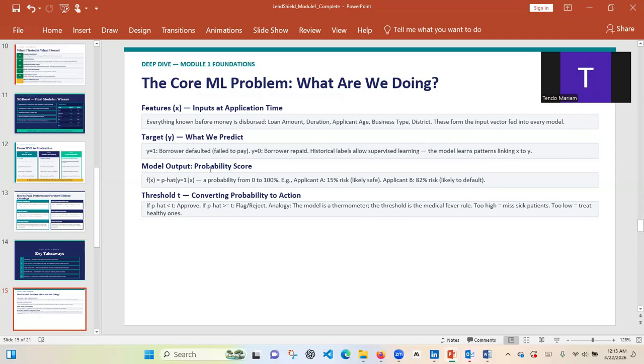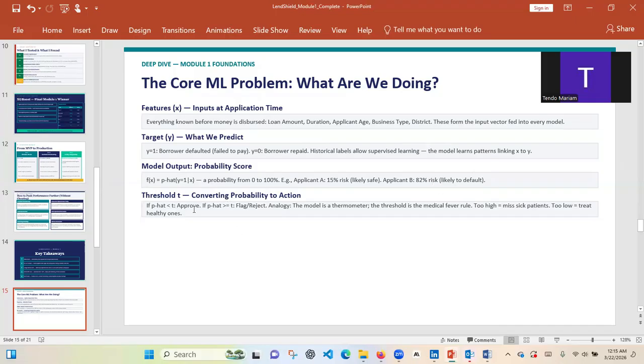And then we have the model output, which is the probability score. As you can see, the probability is from 0 to 100%, for example applicant A has 15% risk, likely safe. So if the applicant has 15%, it means we can issue out the loan. But if applicant B has 82% risk, this one is likely to default.